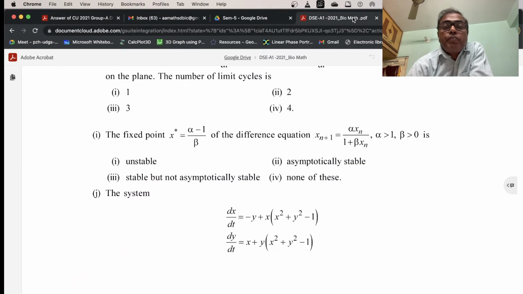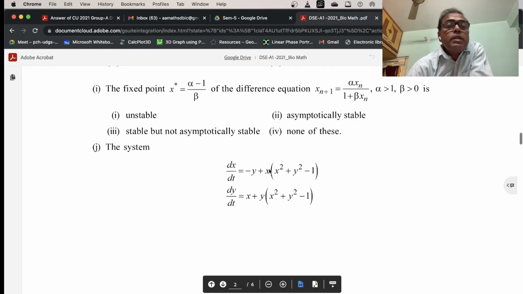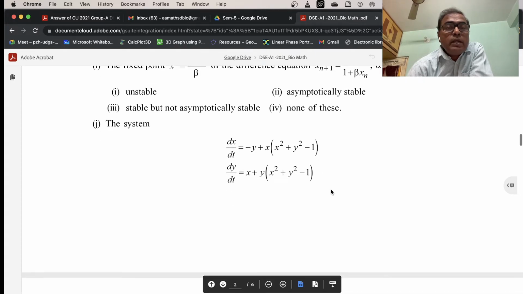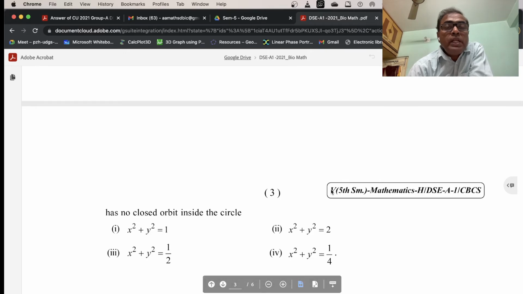Next question: the system with dy/dt equal to x plus y times this expression has no closed orbit inside the circle: x square plus y square equal to 1, or x square plus y square equal to 2, or x square plus y square equal to half, or x square plus y square equal to 1/4. So the answer may be 3, maybe 4, maybe 1.